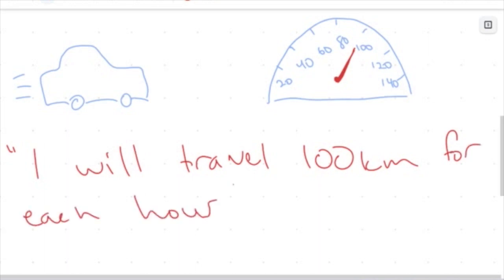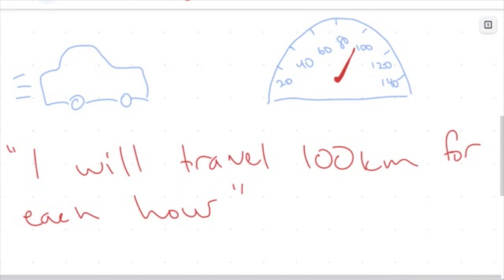So say I maintain a constant speed on the highway, I flick my car into cruise control, and I'm driving at 100. Now this tells me I'm traveling 100 kilometers each hour. So if I drove along this highway, every hour I'm going to cover 100 kilometers.